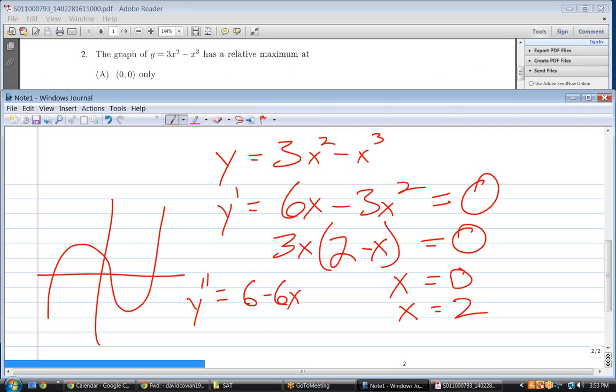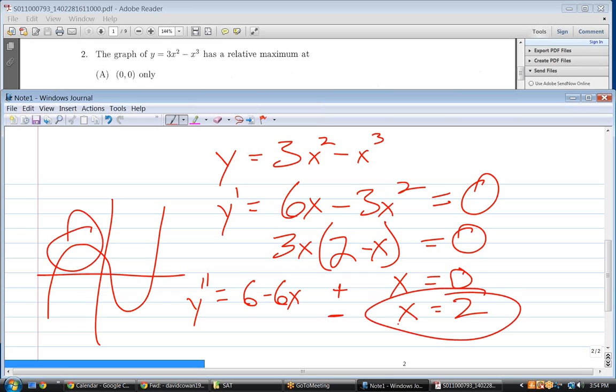If the second derivative is negative, it is concave down, which makes it a maximum. So when we plug x equals 0 in for the second derivative, what do we get? Positive, which means it's concave up, that's the minimum. When we plug 2 in, we get negative. That means concave down, and that's the maximum.